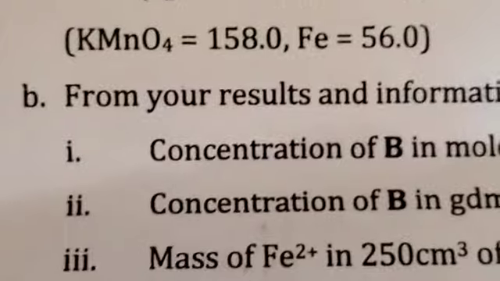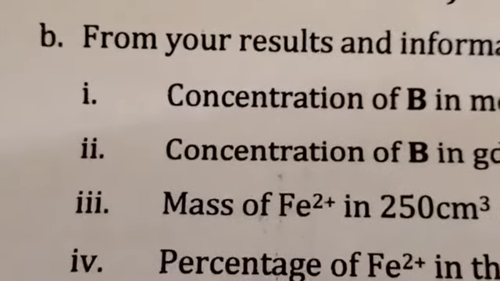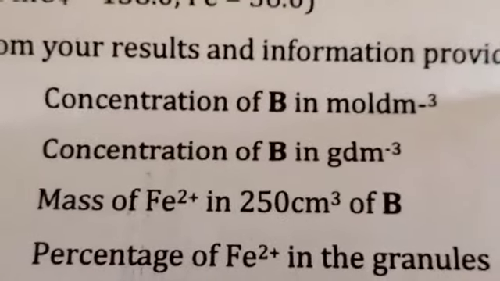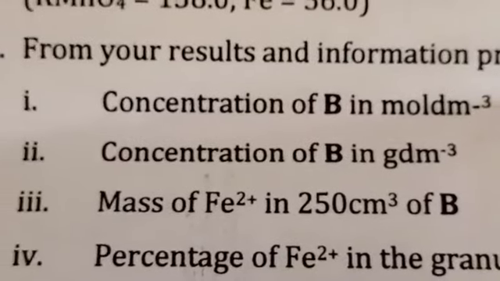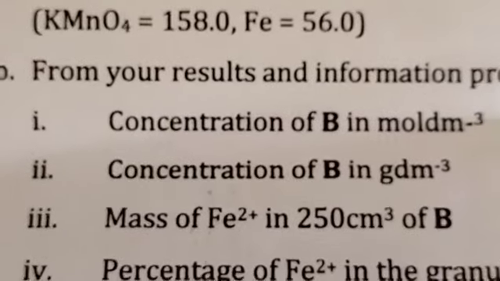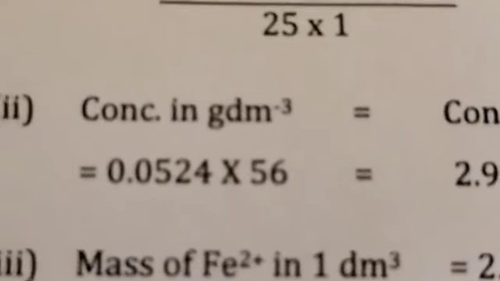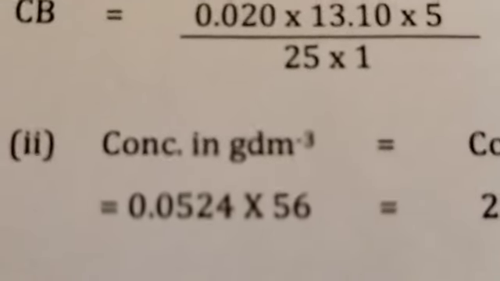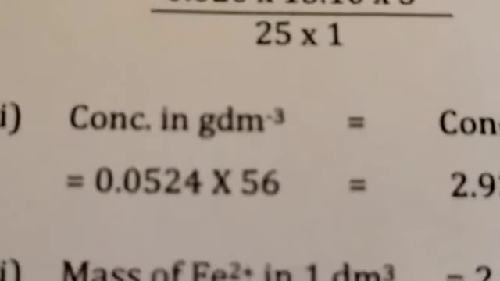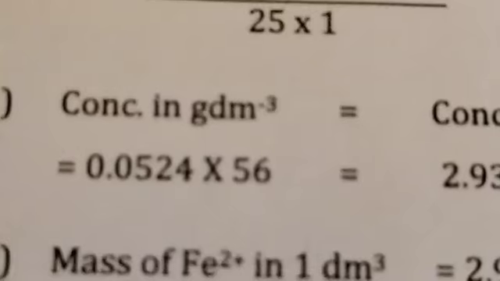We'll go to the next question. II says concentration of B in gram per dm cube. So let's go. Solution. Let's remember that B is the solution of iron 2.